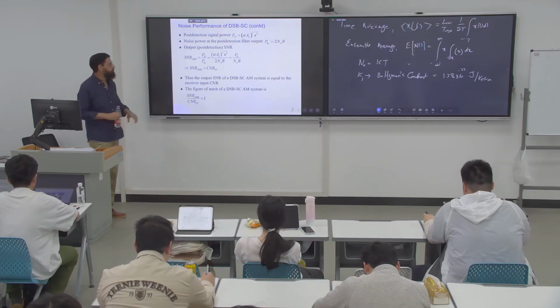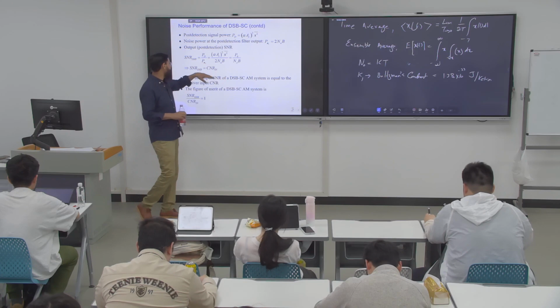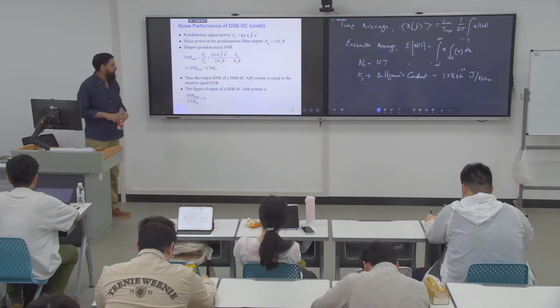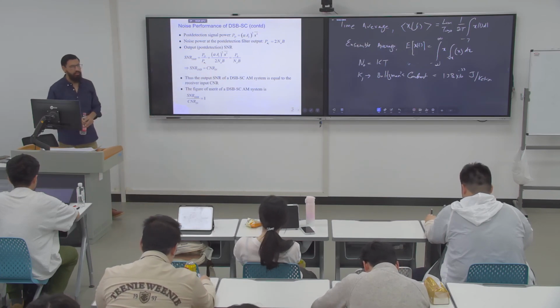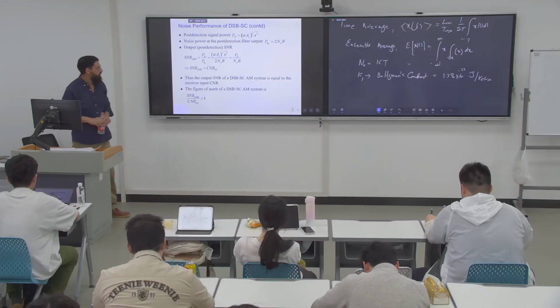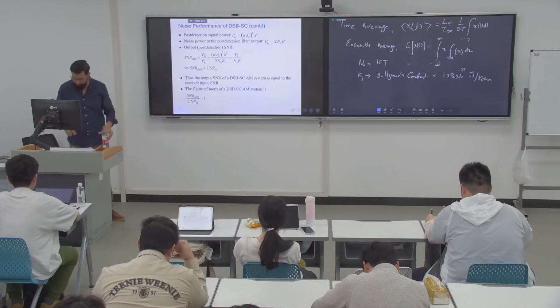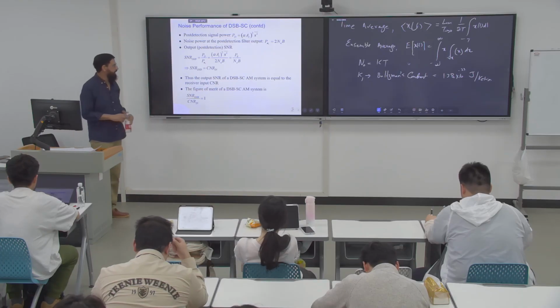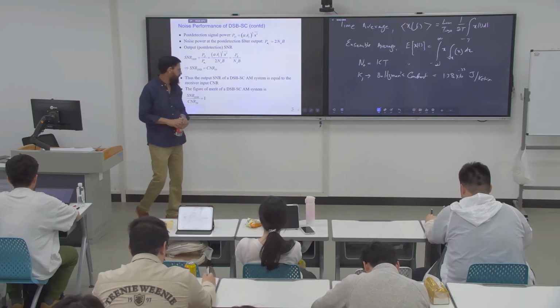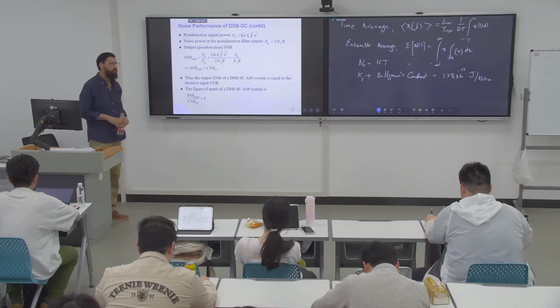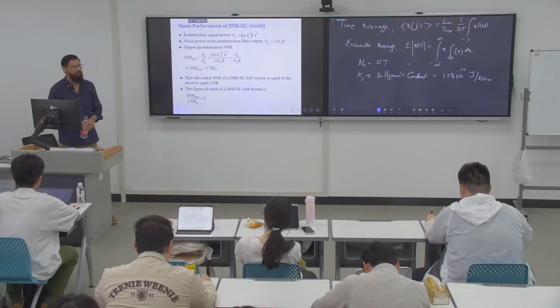So do the maths. You notice here our SNR is equal to the CNR. The output SNR of a DSB system is equal to the receiver input CNR.